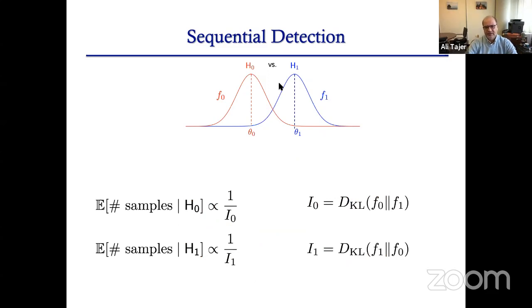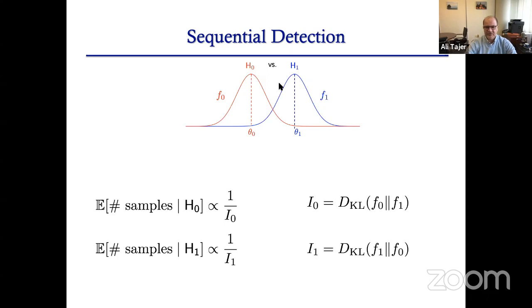Now, when we look at the performance of these tests, we generally have two important measures. If you remember, I mentioned that generally we want to minimize the average number of samples that we take, right? Depending on whether the true hypothesis is H0 or H1, the average number of samples of these processes will be inversely proportional to two information measures, specifically I0 and I1.